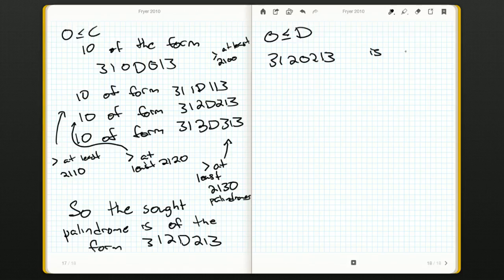So this one here is going to be the 2,120th, I believe. This is the 2121st. Let's just double check that we have the numbering right. We don't want to be off by one. That would just be awful. No pun intended.